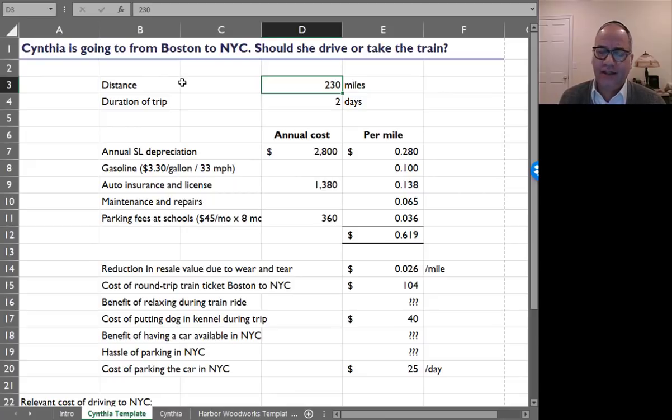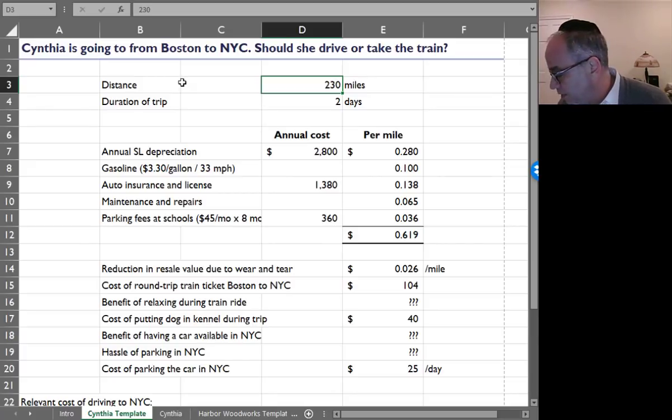I think that's probably about the same as Seton Hall. So it's $360 a year for parking. So per mile, that's 3.6 cents per mile. So she figures that the average cost per mile during the year, if she drives 10,000 miles, comes to about 61.9 cents per mile.